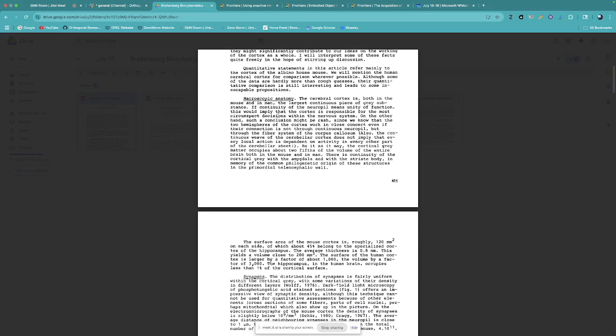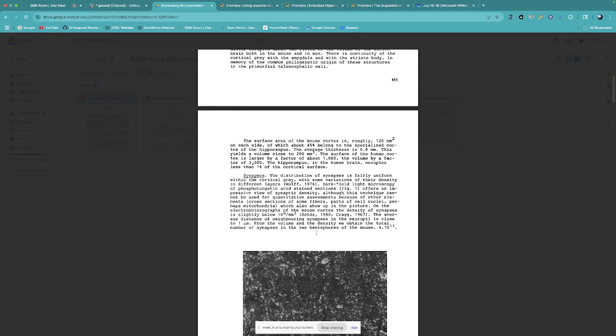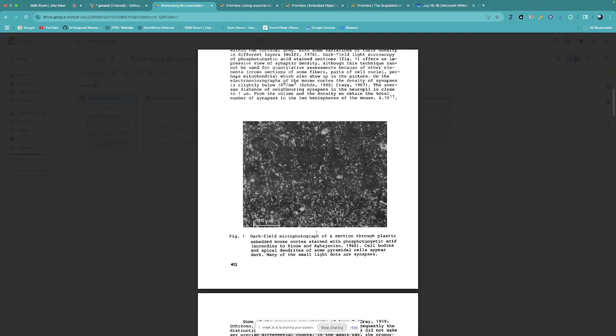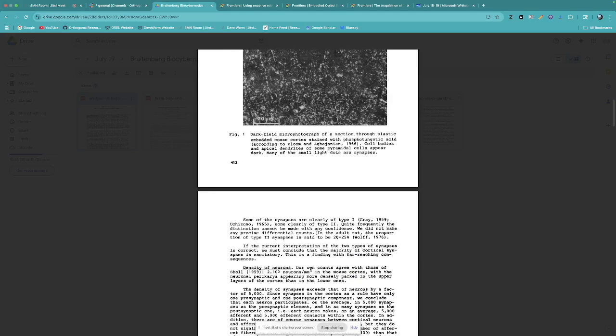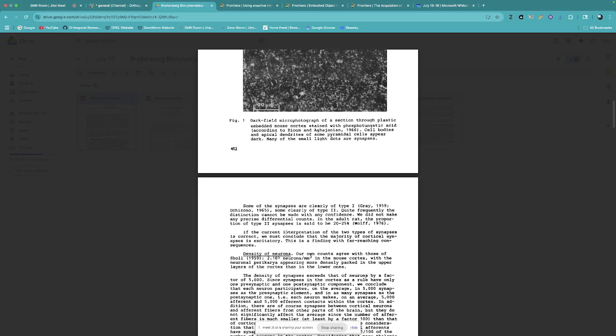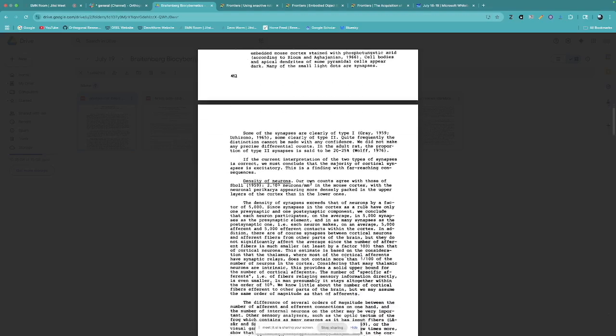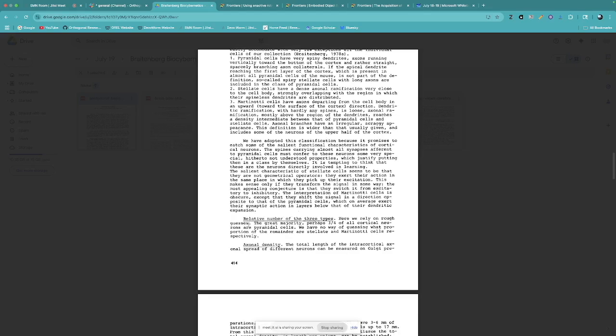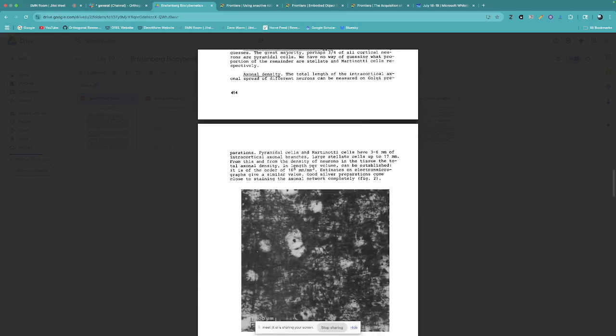So he goes through the macroscopic anatomy. He goes through the description of the synapses. This is all descriptive, so it just tells you what's there. And then talking about some of the classification of synapses, and then the density of neurons, the types of neurons, relative number of the three types, axonal density.